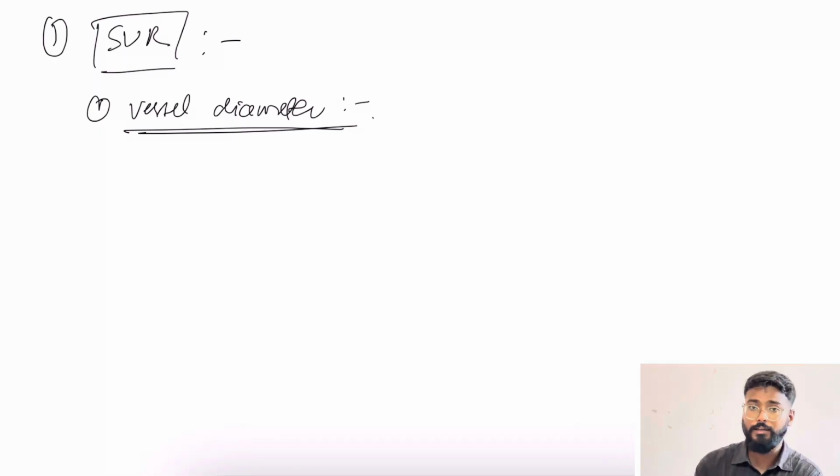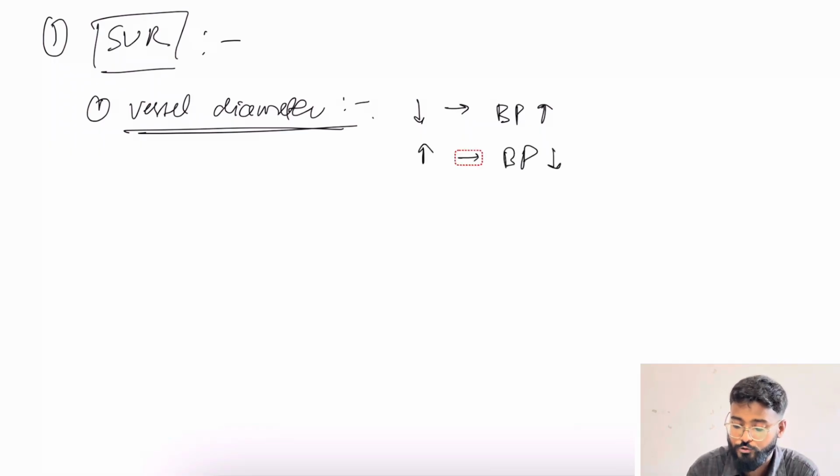So how intensely is it going to affect the blood pressure? Whenever the vessel diameter decreases, your BP is going to increase, and vice versa: when it increases, your BP is going to decrease.